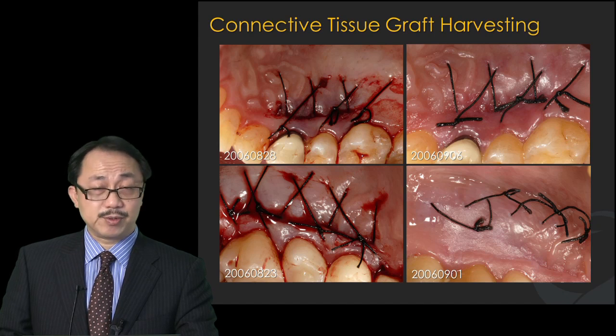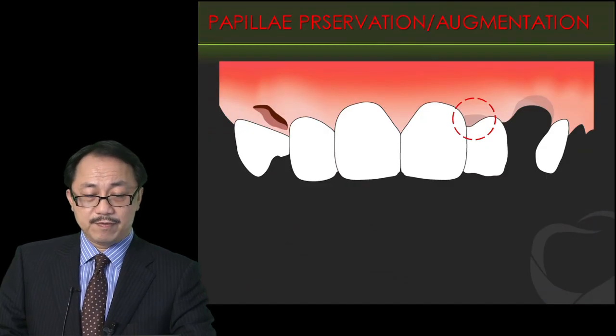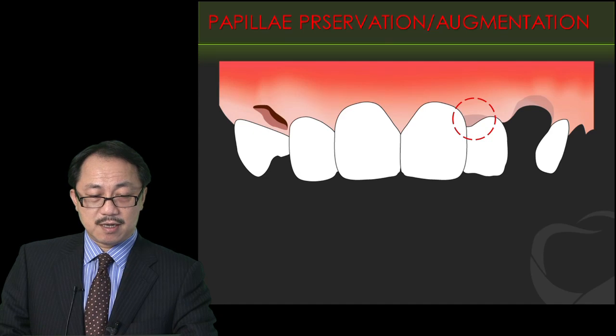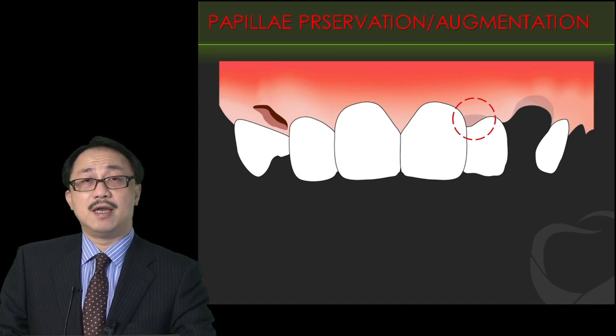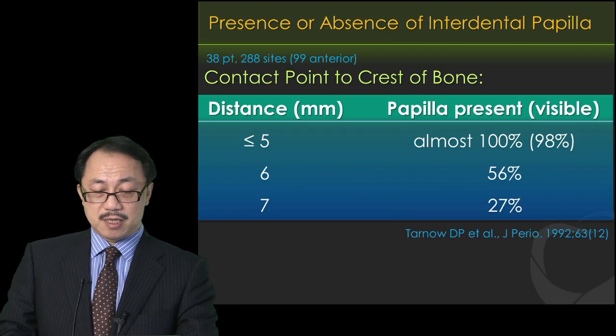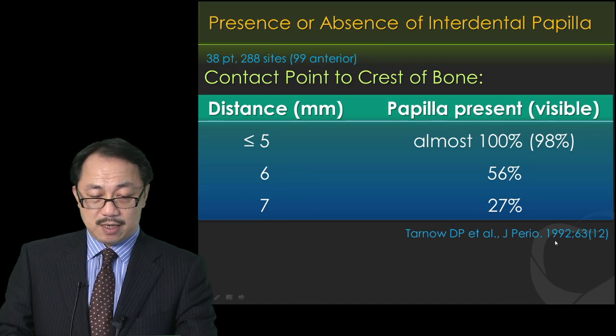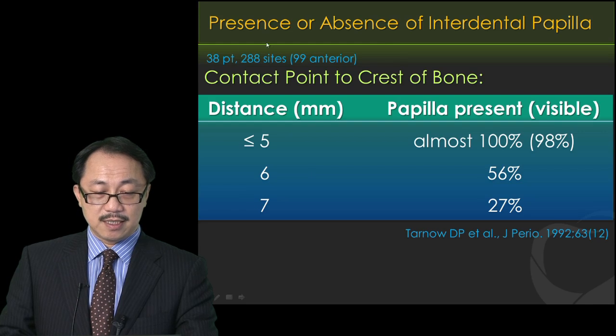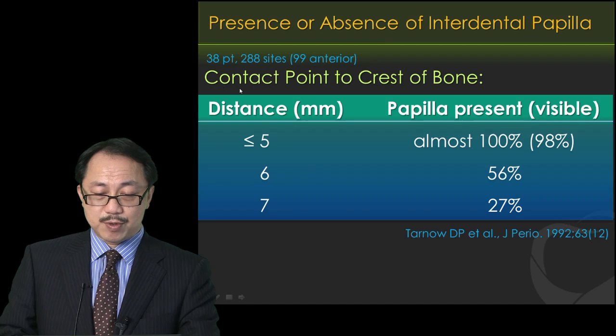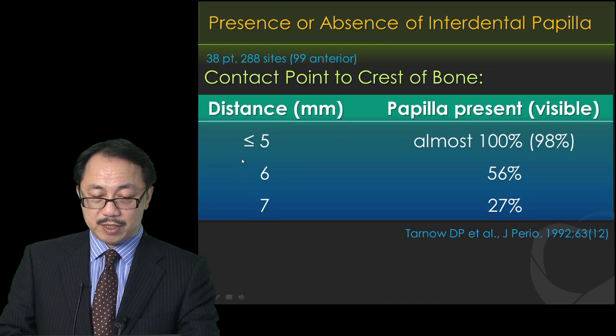Another area for soft tissue grafting is papilla preservation and augmentation. Now, in Tarnow's famous study, which was published in 1992, he indicated that in the anterior teeth, he found that when the distance between the contact point and crest of bone is 5 millimeters, the papilla can be predicted to be present almost 98% of the time.